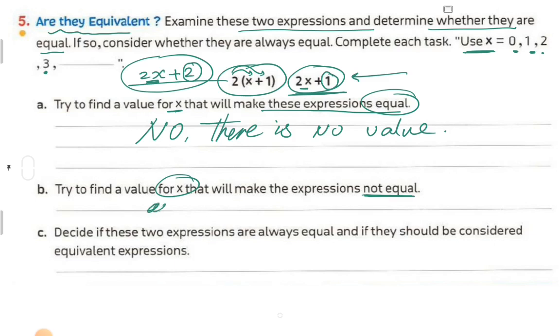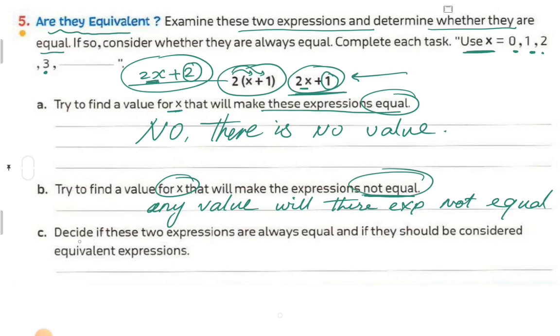Any value will make these expressions not equal. Any number I use will make them not equal to each other. Now decide if these two expressions are always equal. No. Should they be considered equivalent? Of course not.